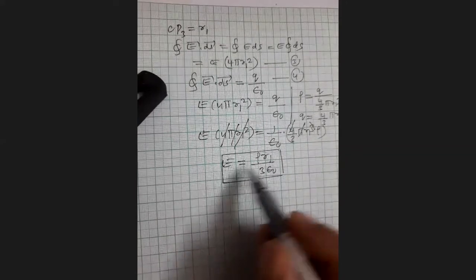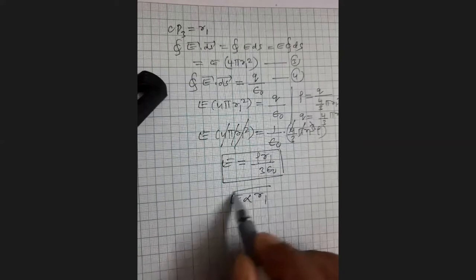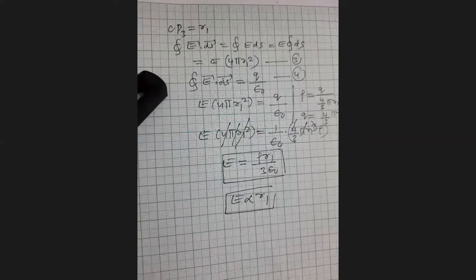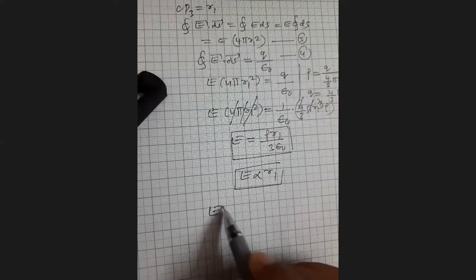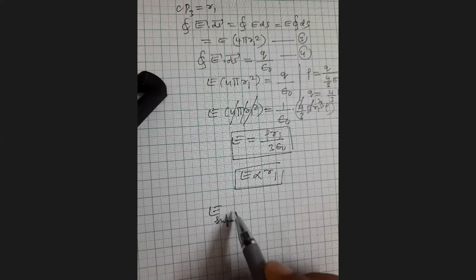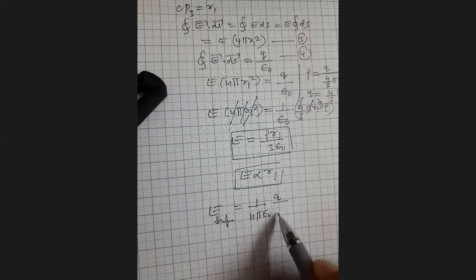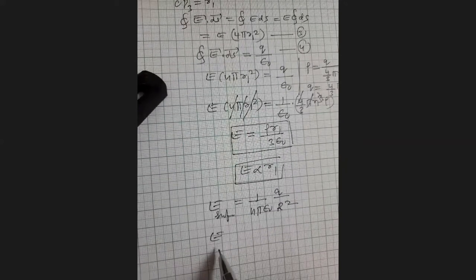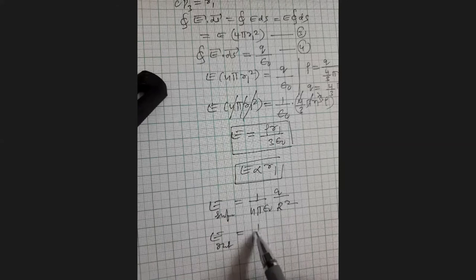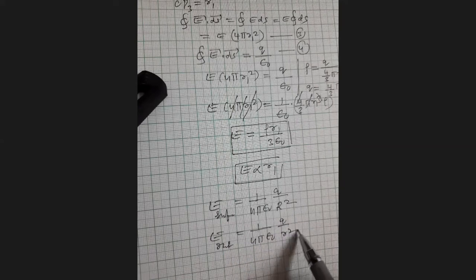So if you observe this expression, it is very clear that E is proportional to r1. With this, we can conclude that the field strength at the surface is 1 by 4 pi epsilon naught Q by capital R square. Electric field strength outside is 1 by 4 pi epsilon naught Q by small r square.